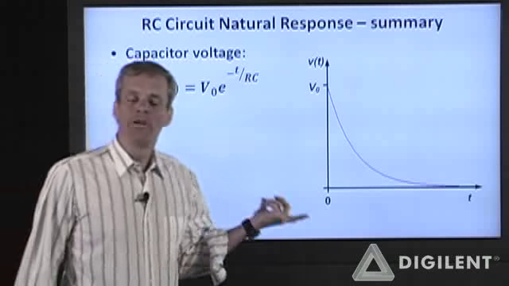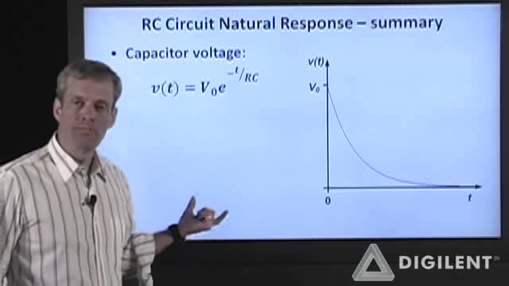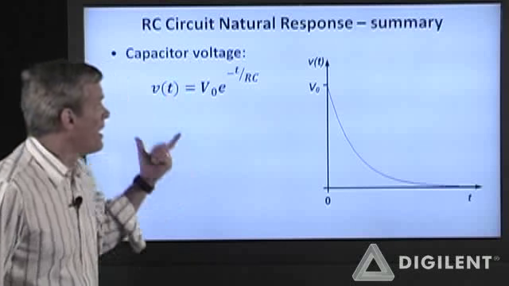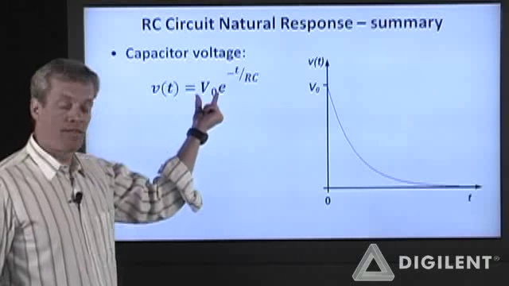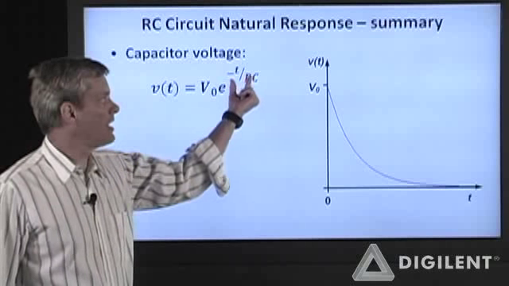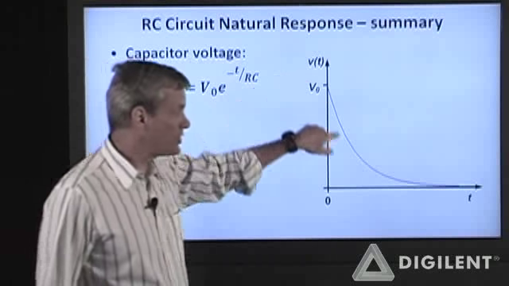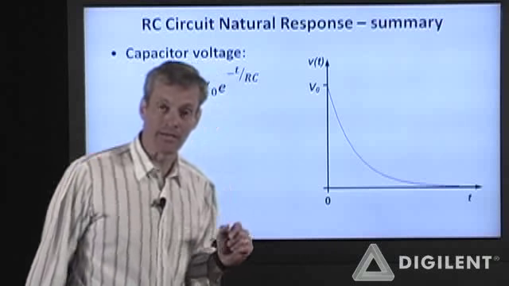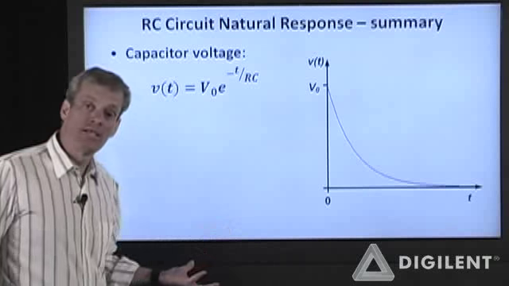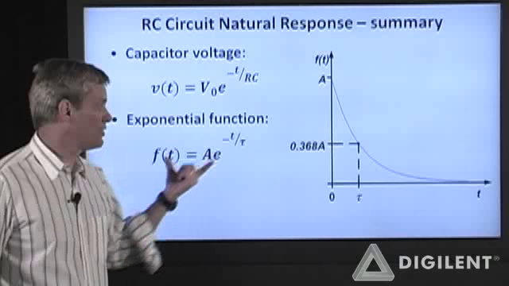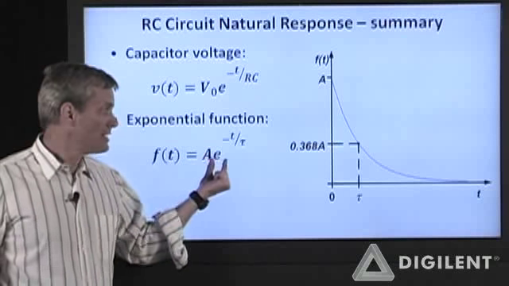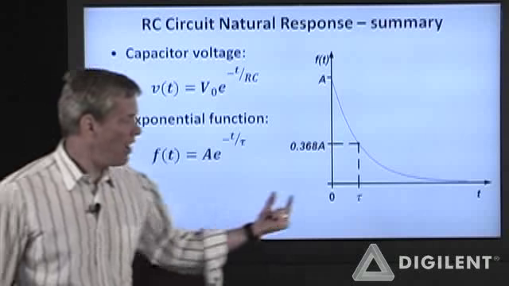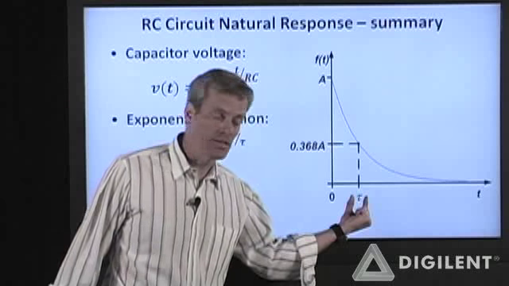Okay, let me briefly recap our results for the natural response of an RC circuit. As we found previously, the voltage across the capacitor for this circuit is the initial voltage times e to the minus t over RC. The shape of the curve looks like this. Now, previously we introduced exponential functions in the form f of t is equal to some number times e to the minus t over tau, where tau is the time constant.